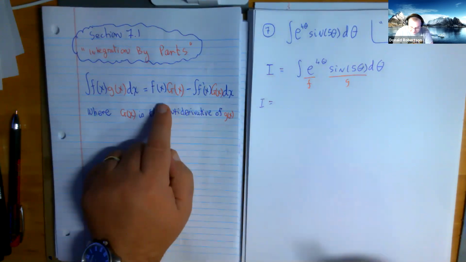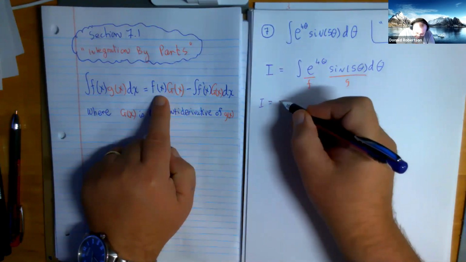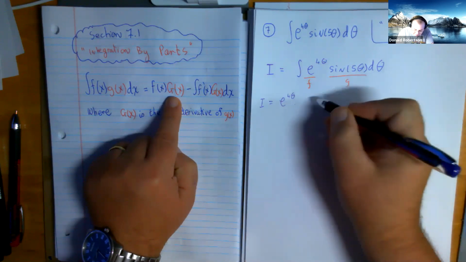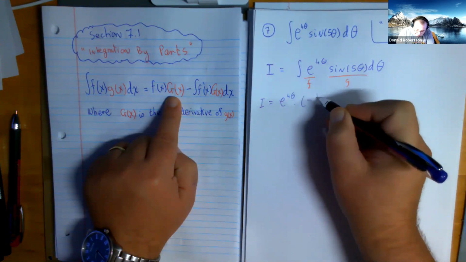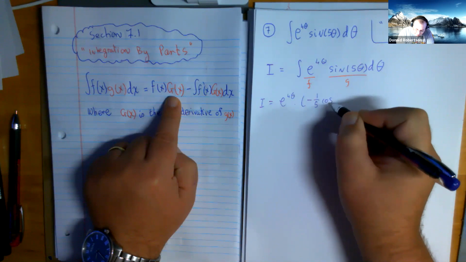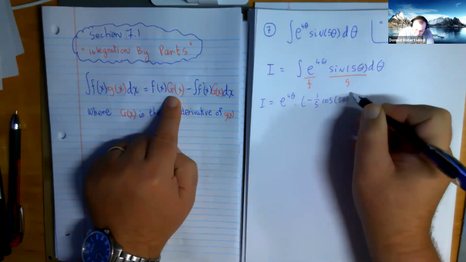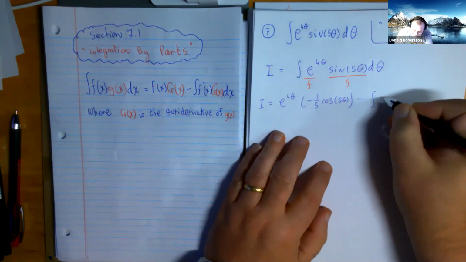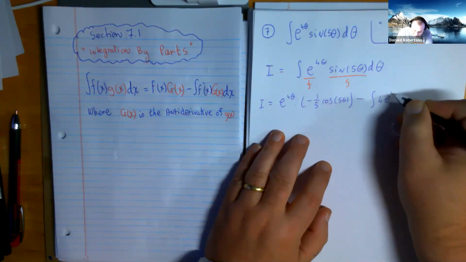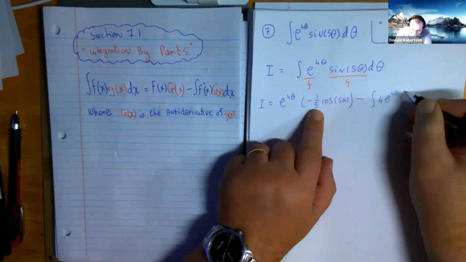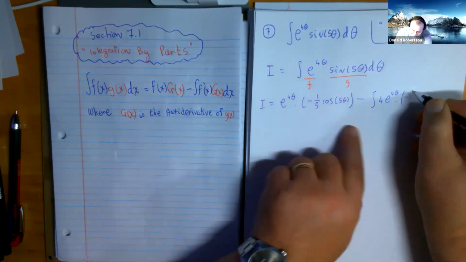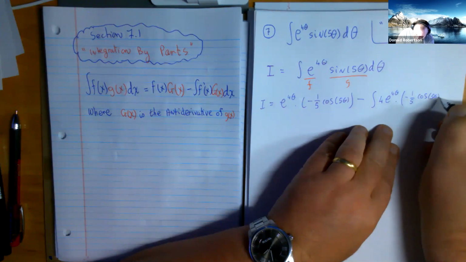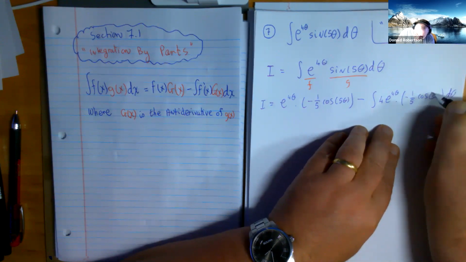So let's see what we get. This guy is e to the 4 theta. If you integrate this fella, you get negative 1/5 the cosine of 5 theta. Take away the derivative of this guy, which is 4e to the 4 theta, times the integral of this guy, negative 1/5 cosine of 5 theta d theta.